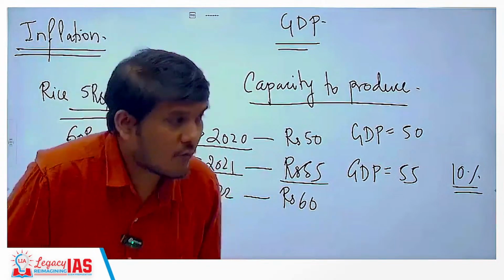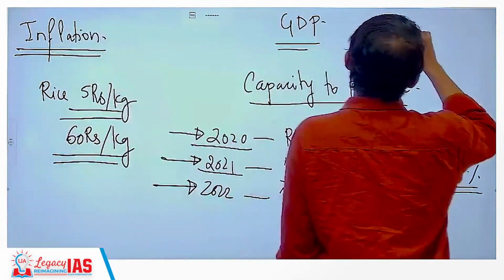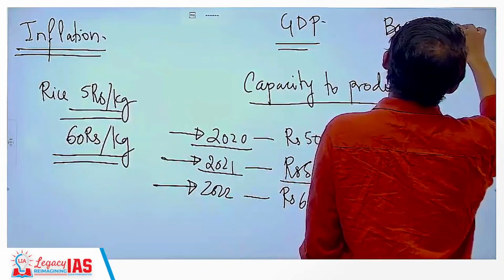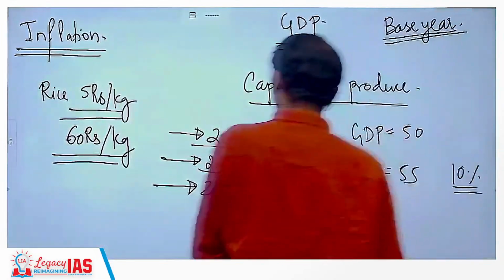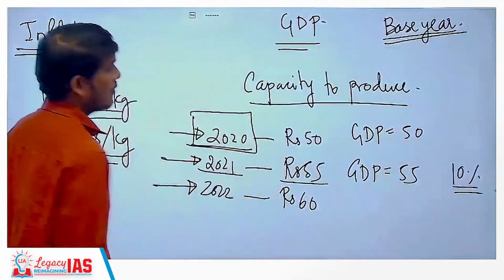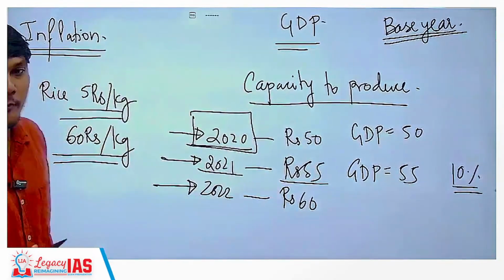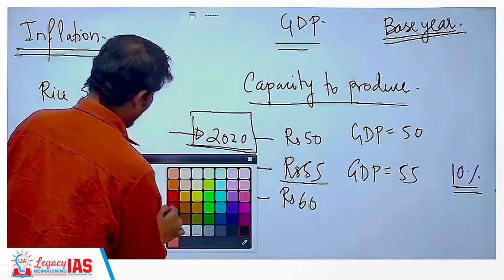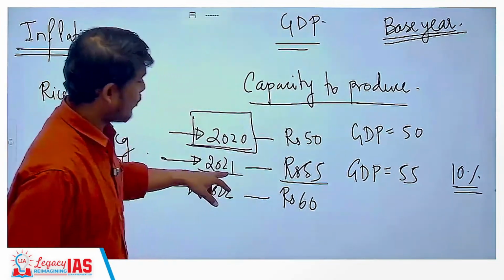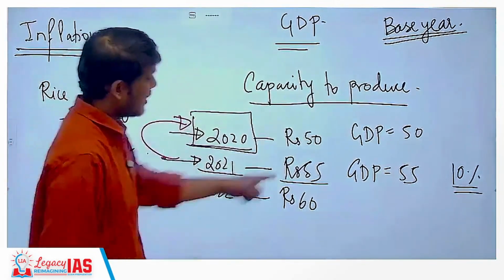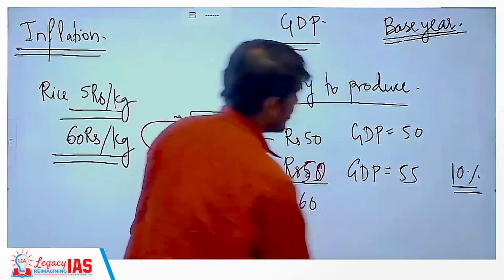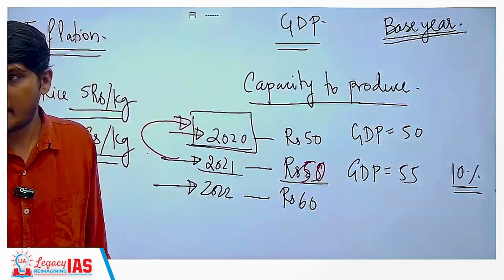Right? That is why I have to fix a base year. So let's say this base year is fixed. Now, if I'm producing the same one single pen, so in 2021, when I fix the base year to this, here also my production is 50 only. Correct?